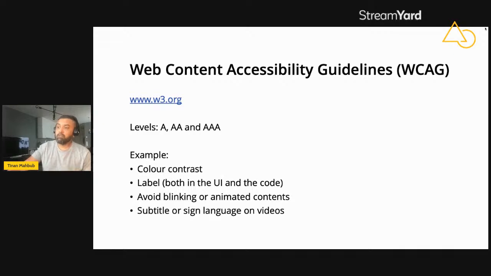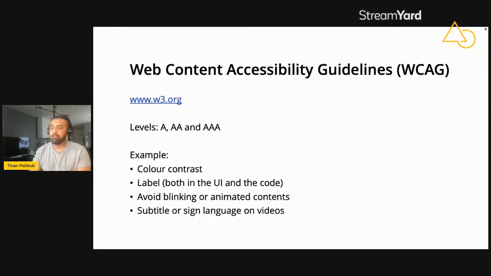As I mentioned, there are 3 different levels of WCAG requirements. It's A, AA, and AAA. A is the minimum requirement. You really should use them. AA is the requirement for government agencies, and AAA is good to have.